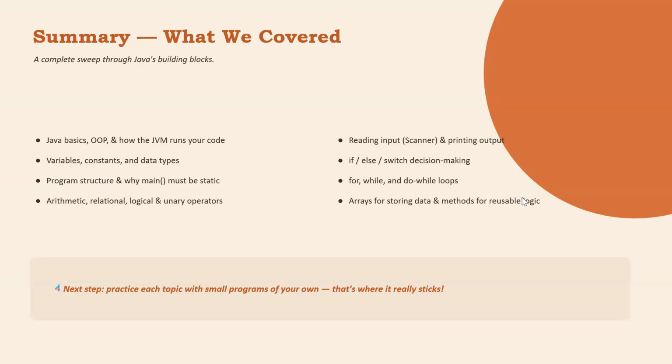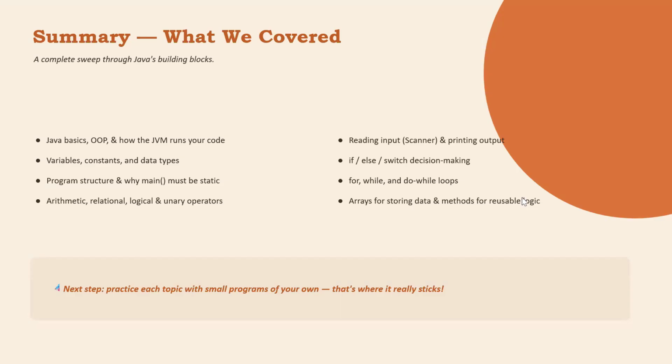So whatever we have covered, you just try it. If I'm saying the main is public static void, try to change it. You have your laptops, you have your IDE installed.